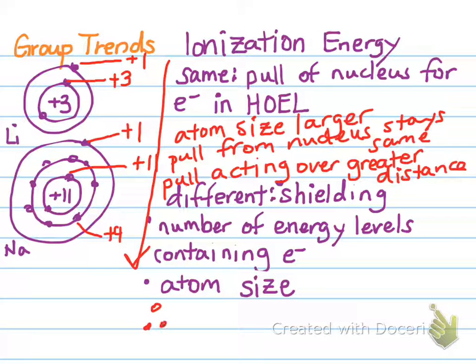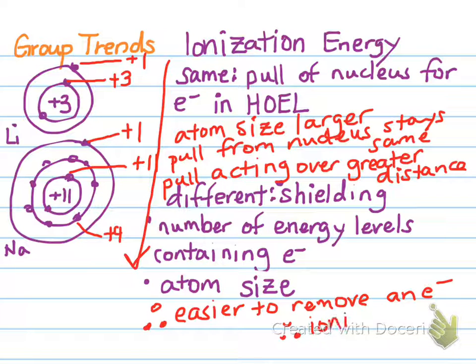Therefore, okay, it's easier to remove an electron. Therefore, okay, our ionization energy decreases.